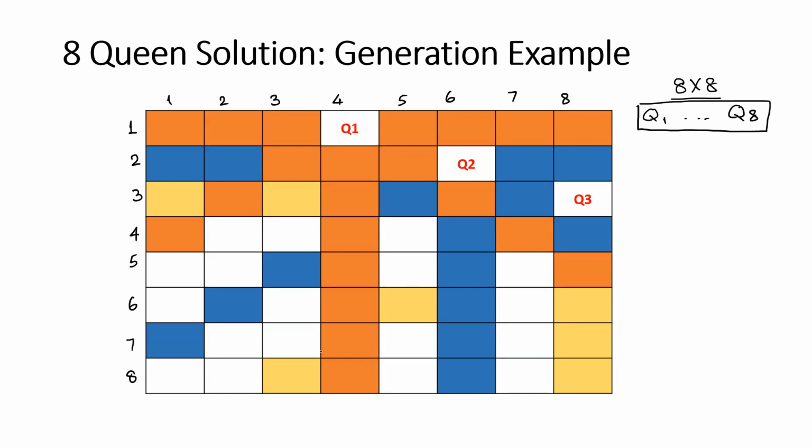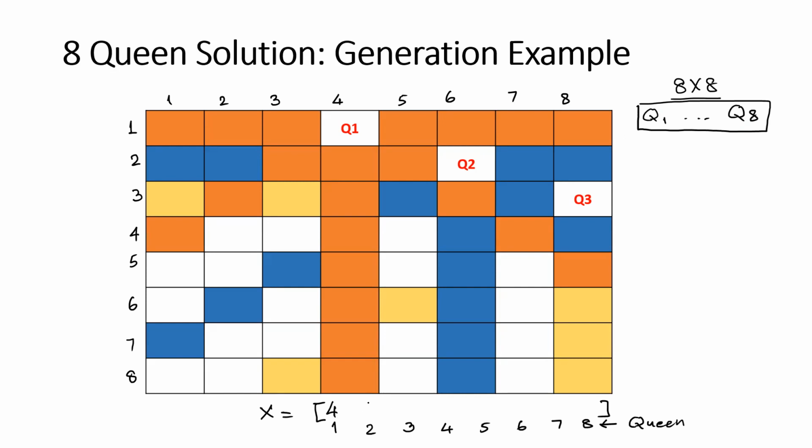Our solution will be placed in the X array, which will have the indices 1, 2, 3, 4, 5, 6, 7, 8. So this index represents the queen numbers, okay? And whatever we write at the index represents the column number.